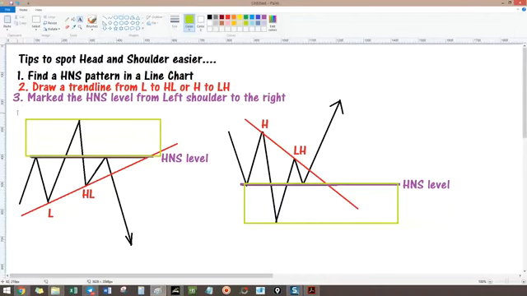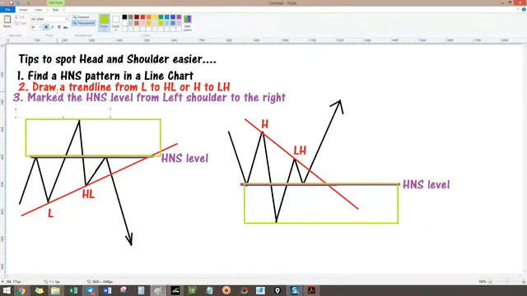Number 4, mark the HNS zone between the left shoulder and the head.